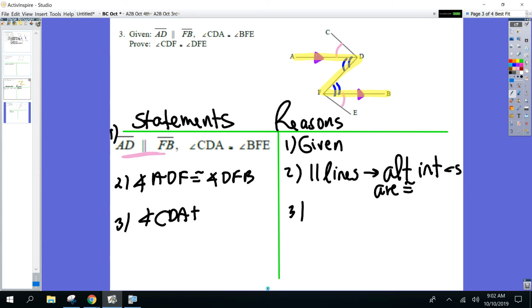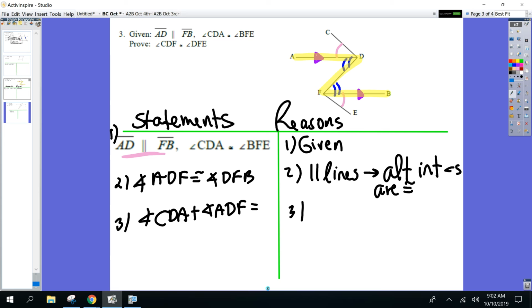CDA plus which angle? ADE. I don't think ADE is an angle. Oh, boy. Oh, ADF. Rattled. CDA and ADF. There we go. Way to redeem yourself. That was embarrassing right there.